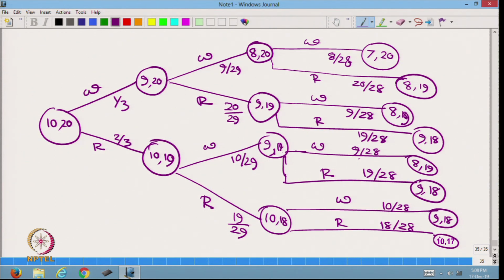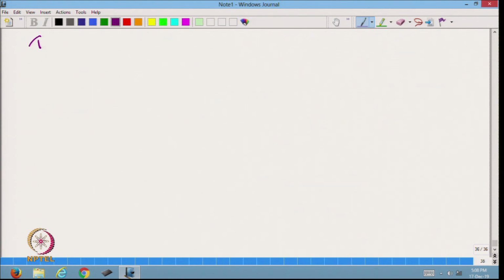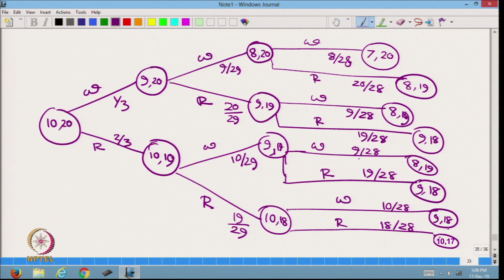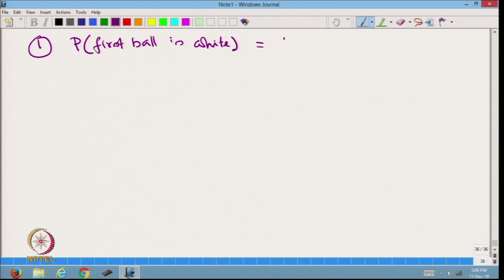Therefore, let us now calculate the probability that the first ball is white, which, as you can understand, is going to be 1/3.